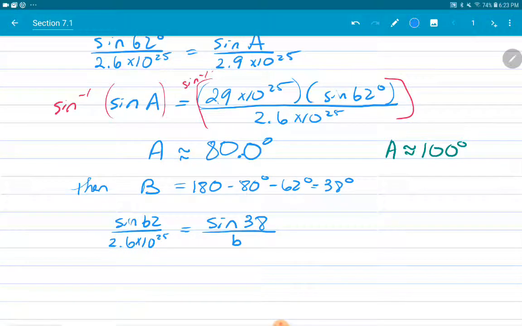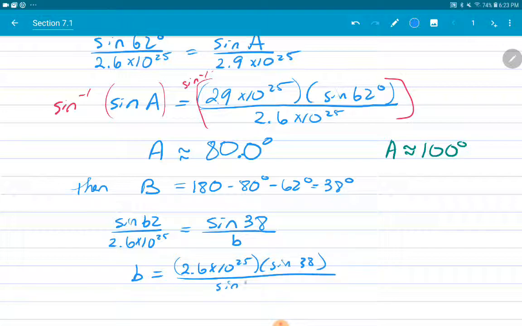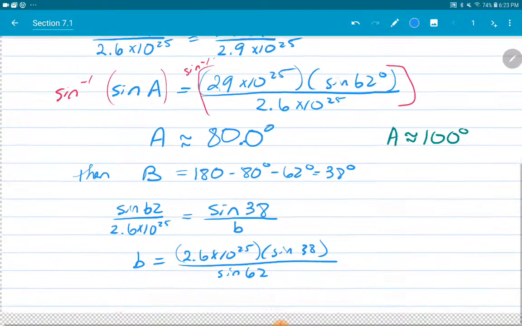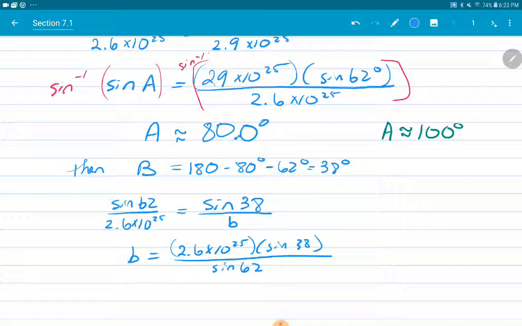So then I can solve for B. I'll do the equal sign first to get the exact value. I'll cross multiply to get 2.6 times 10 to the 25th times sine of 38 divided by sine of 62. When I cross multiply and then divide to solve for B, I get that. I will be happy with that number because that's an exact number.